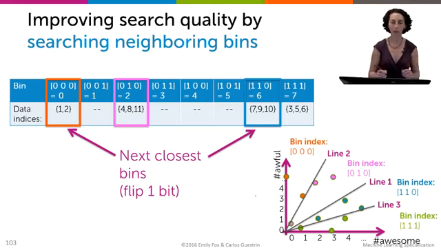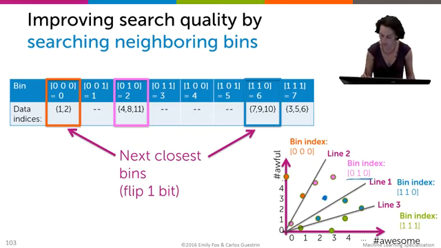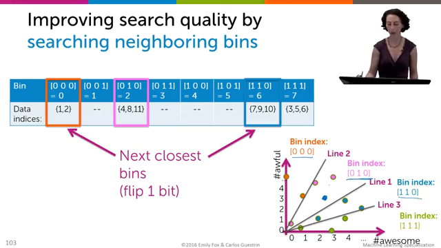So what does it mean to be a nearby bin? Well, let's look at this. Remember our query point was, let's say, somewhere around here. The bin that it falls into is 0, 1, 0. So what are the nearby bins? They're bins 0, 0, 0 and 1, 1, 0. And what we see, which makes sense if you think about how these vectors were defined, is that the nearby bins are the ones that are just one bit off from our current bin indices.